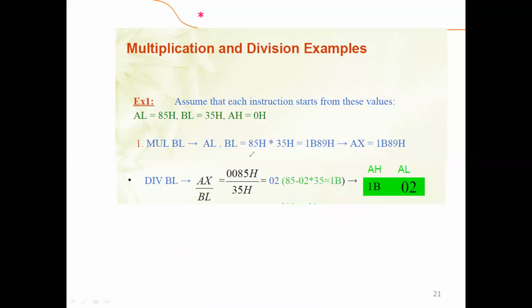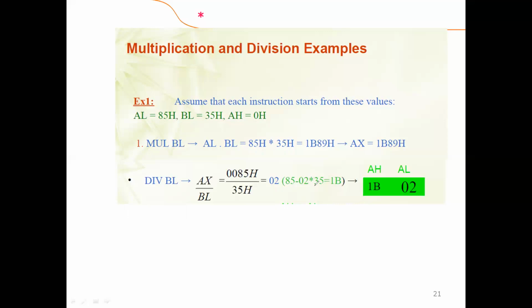Now similarly we can perform the division operation. Here the number was 85, the AX value was 00, and we need to divide these two numbers. By default in the division operation, AX is divided by BL and the result will be stored in AX.